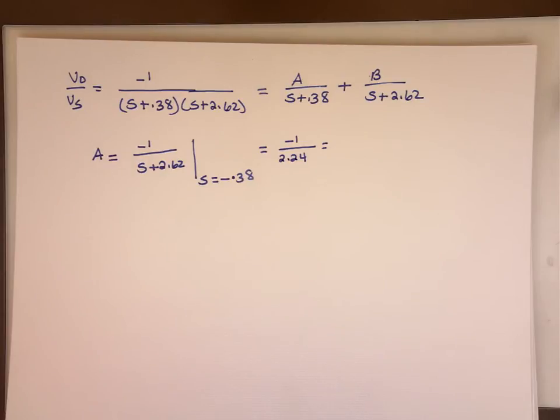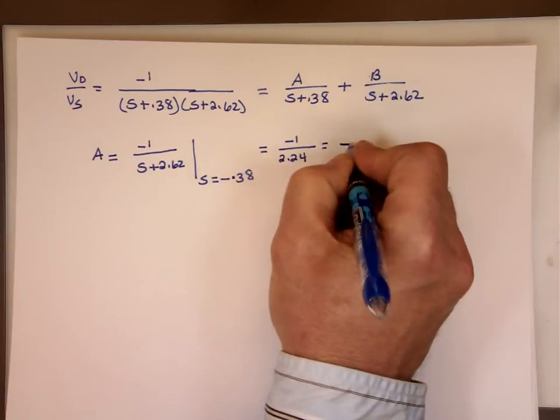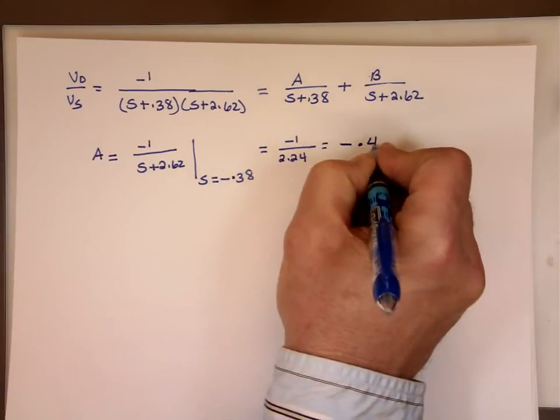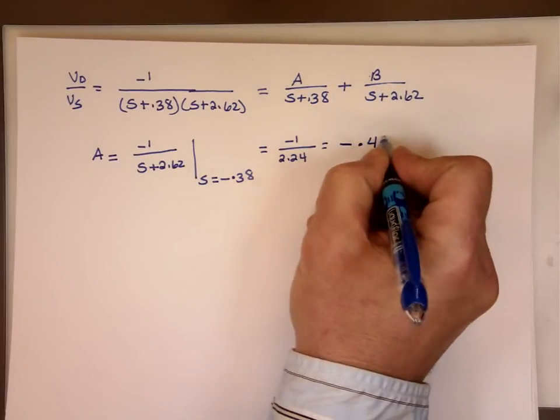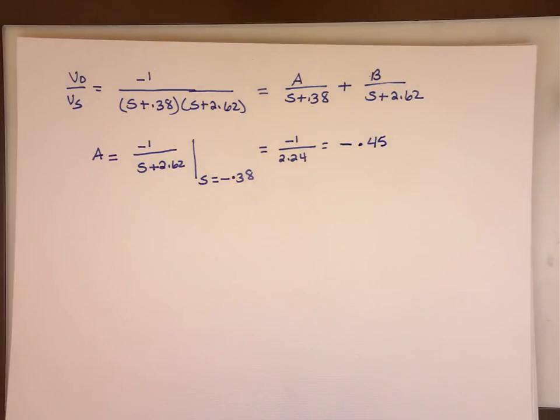And when you divide them, that's a negative 0.45, roughly. Is that what you got?